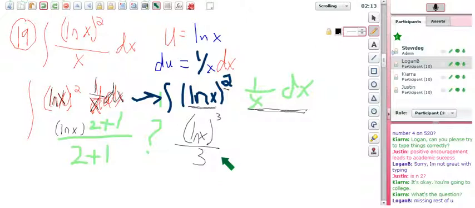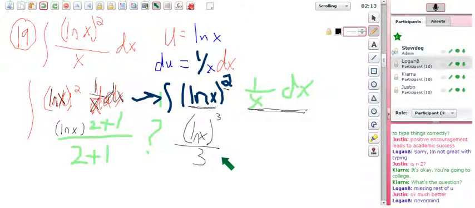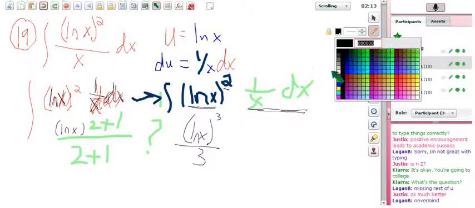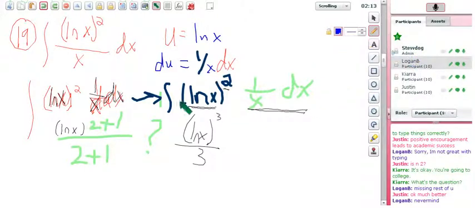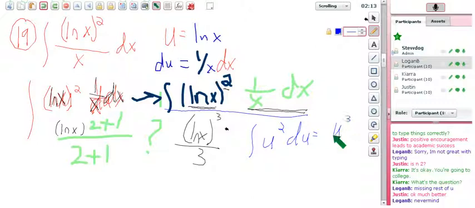Missing rest of u. What do you mean by that? Okay. See, if we make all the substitutions, and we call it the integral of u squared du, which it is, then this would be u to the third over 3, and u is the natural log of x.